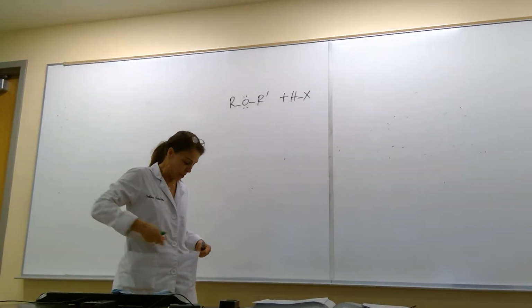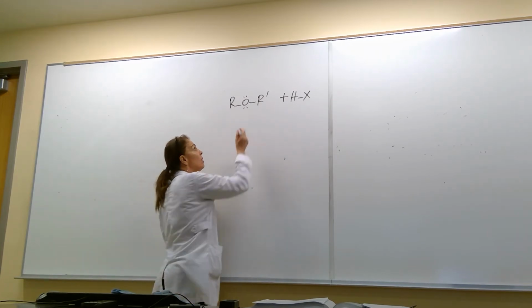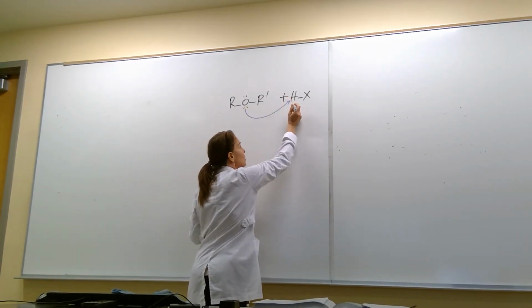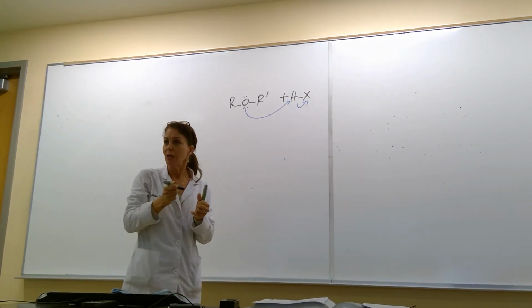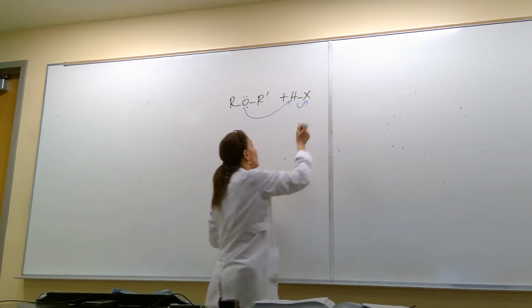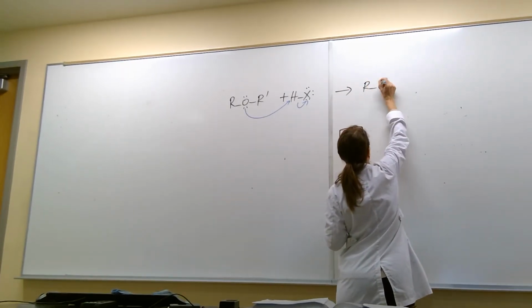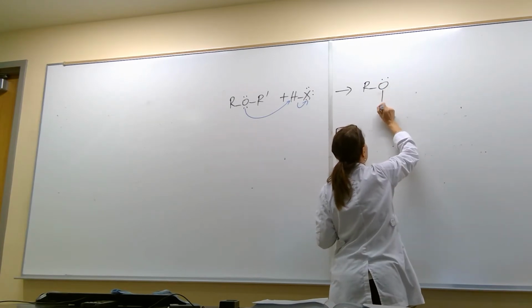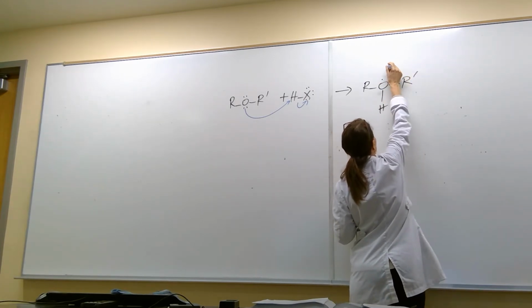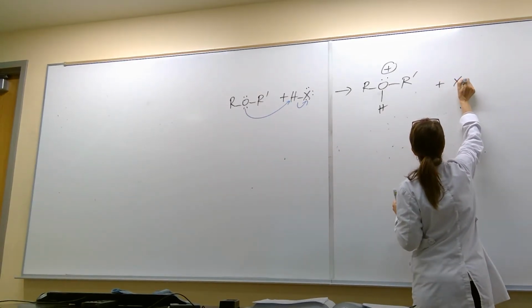So if you put a Bronsted acid, what should be the reaction? Protonation, okay? It's always a protonation because the oxygen is a nucleophile, okay? So you end up with R, O, H, R prime, plus X minus.